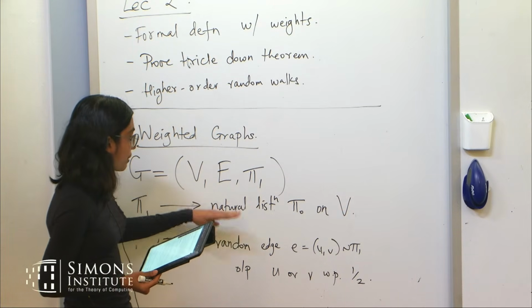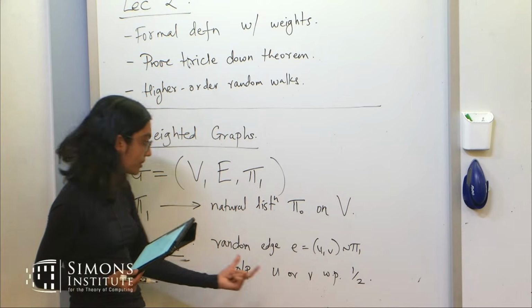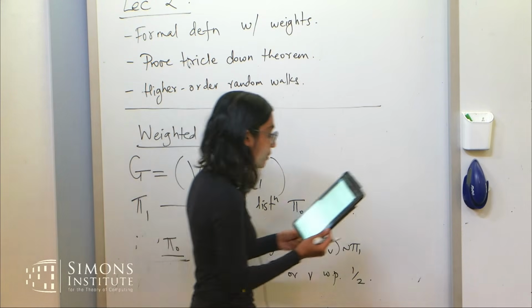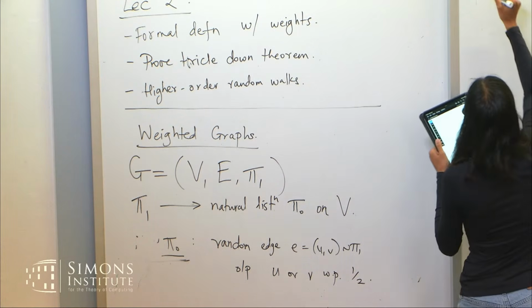And now we can define the spectrum of G with respect to this distribution pi 0.